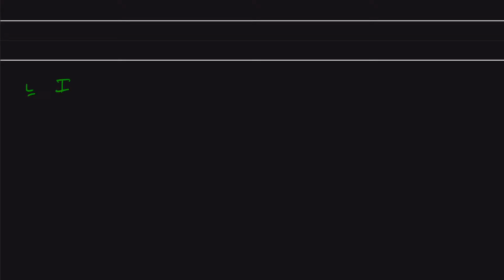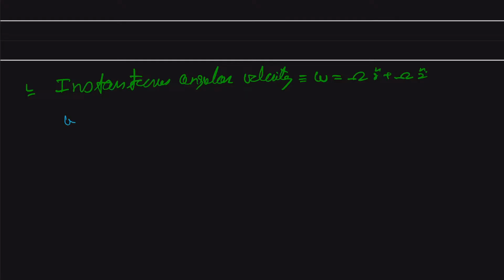We can say that the instantaneous angular velocity omega will be equal to omega x unit vector plus omega z unit vector, or omega is equal to omega times the x unit vector plus z unit vector. So this is our first part.